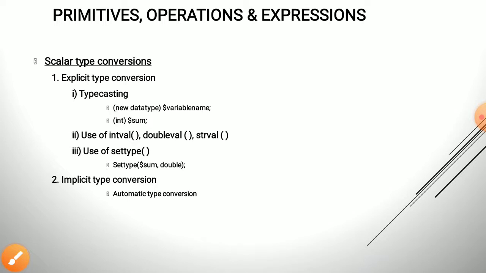The settype method can result in loss of data, that is truncation, and the value of the variable is changed after the data type conversion.